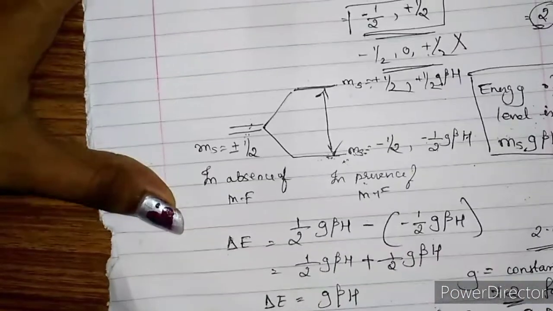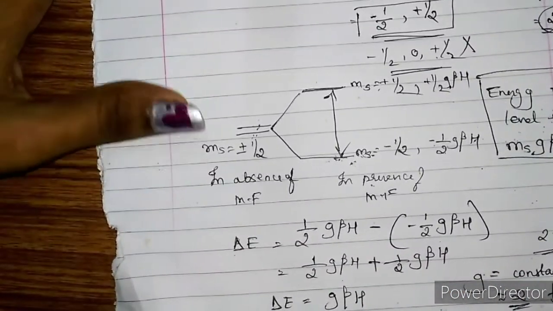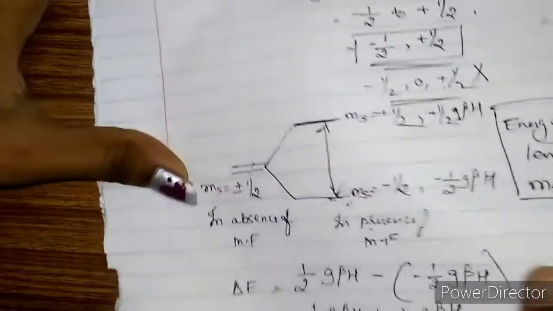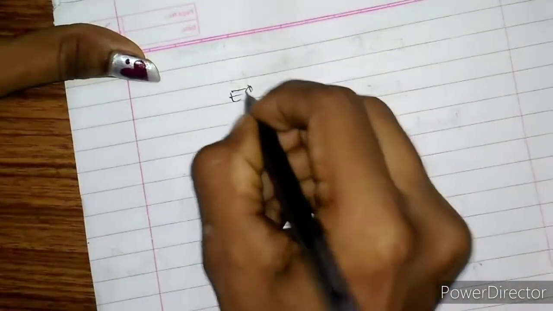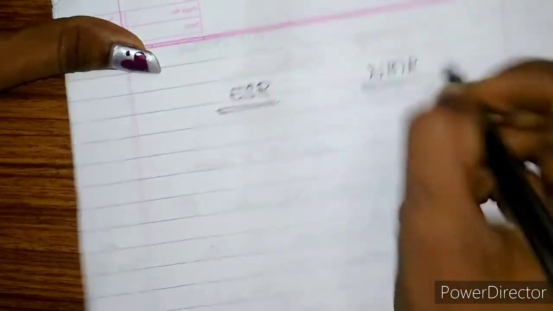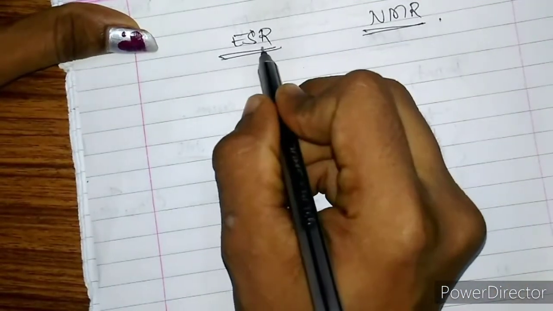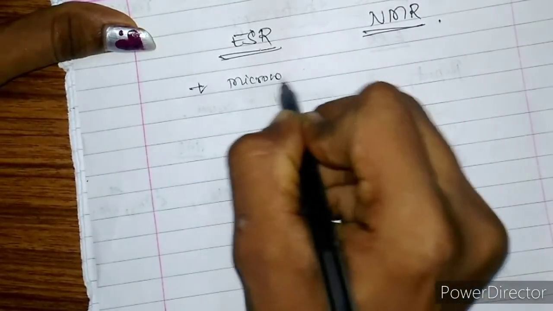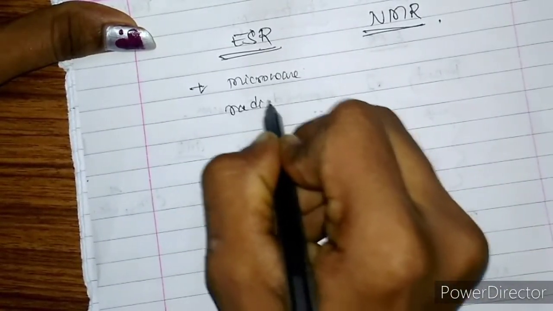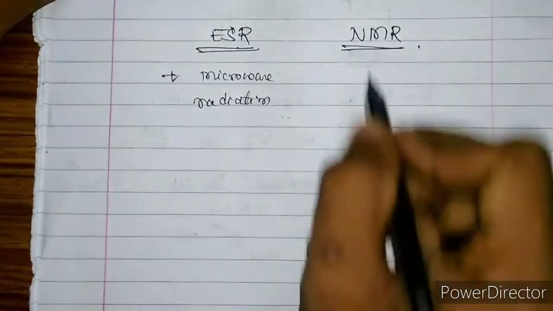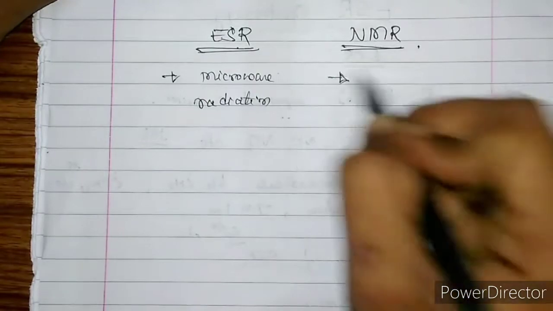Now let us understand what is the resemblance between the ESR spectroscopy and the NMR spectroscopy. This ESR has some resemblance with that of NMR spectroscopy. In case of ESR spectroscopy, just now I told, we use the microwave radiation for irradiating the sample, while in case of NMR we are using which radiation?